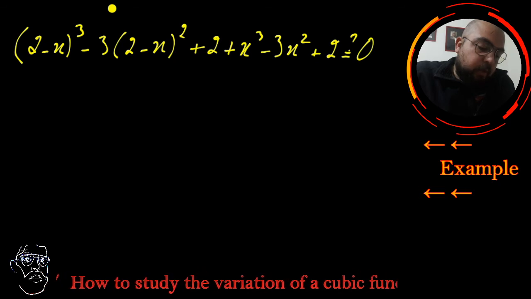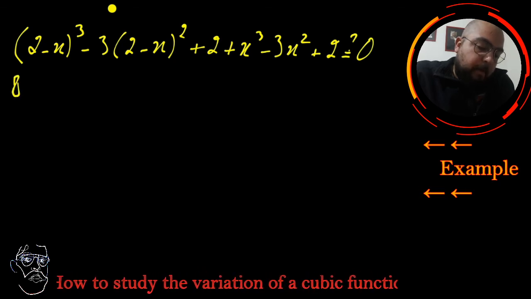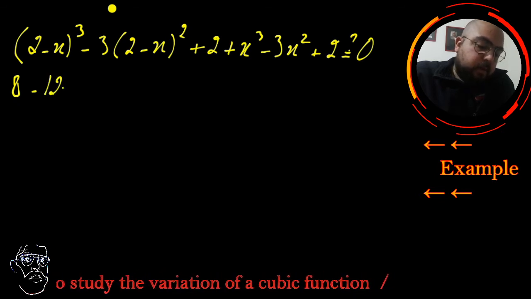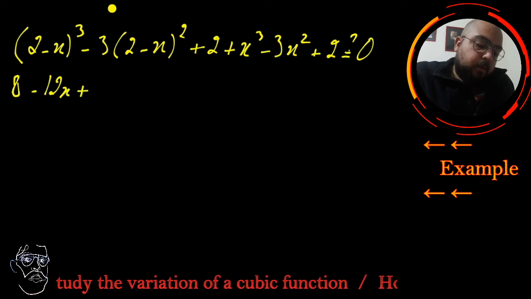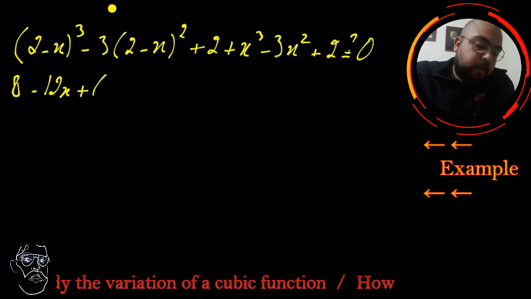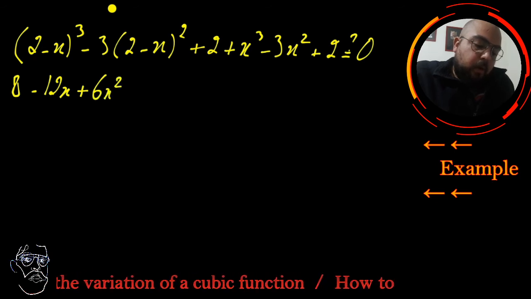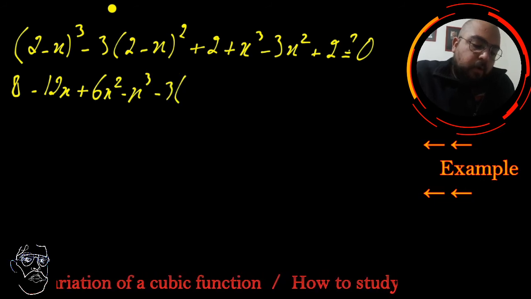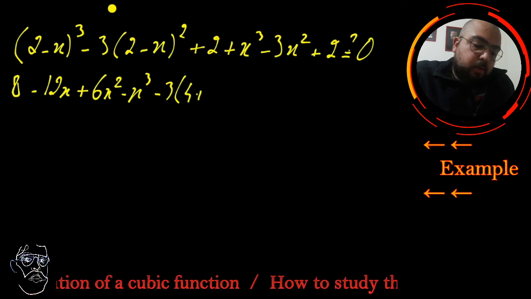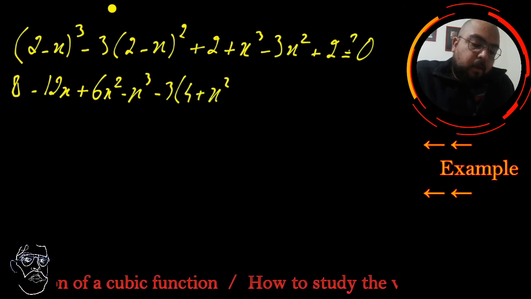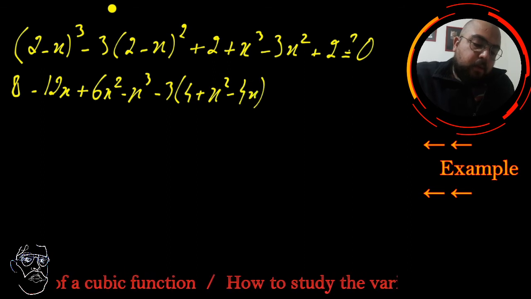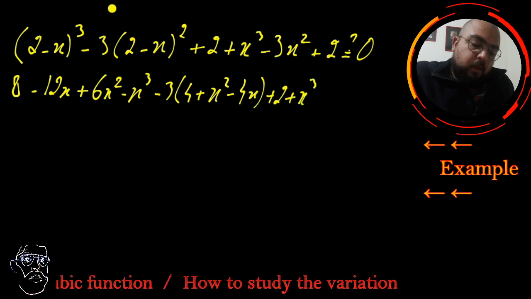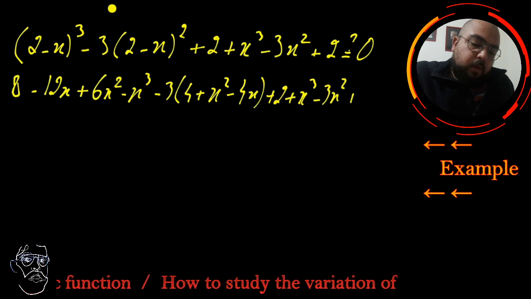So 2 to the power of 3 is 8, minus 3 times 4, 12x, plus 3 times 2, 6x², minus x³, minus 3 times (4 plus x² minus 4x), plus 2 plus x³ minus 3x² plus 2.